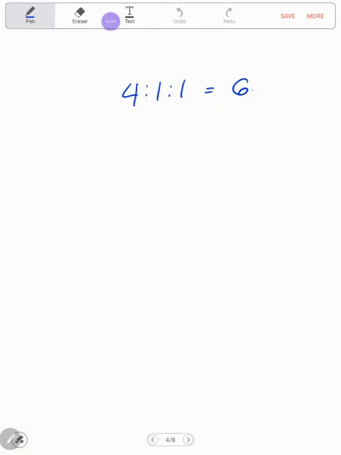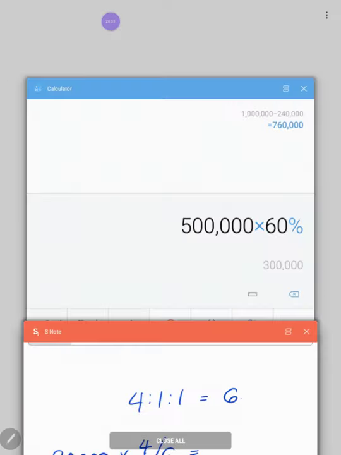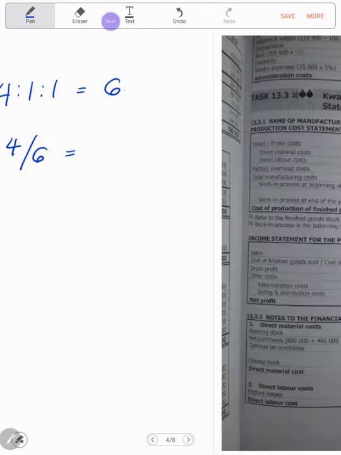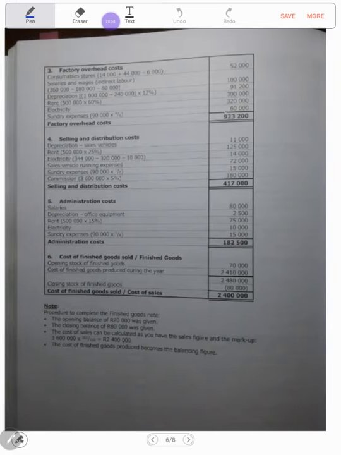It is 90,000. 90,000 multiplied by 4 over the denominator, which we worked out using the ratio, and that should give us our answer. 60,000 rand goes to our sundry expenses, which we have over there. Once we are done with that, we will then add this figure up to get a factory overhead total of 923,000.